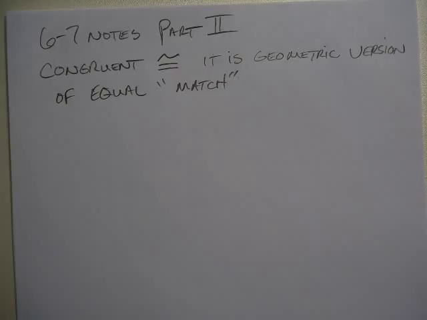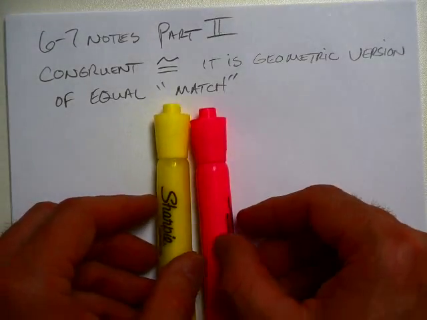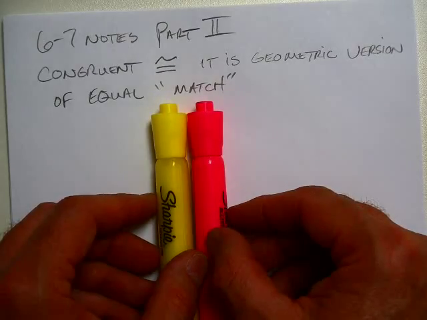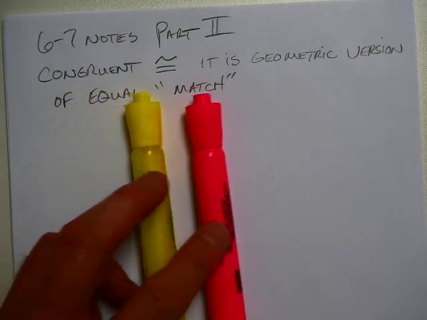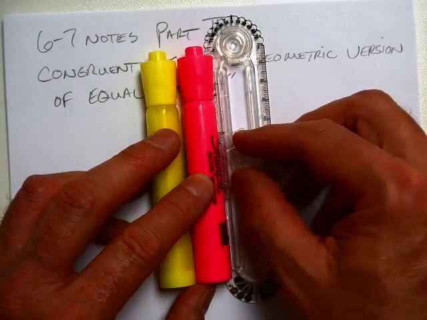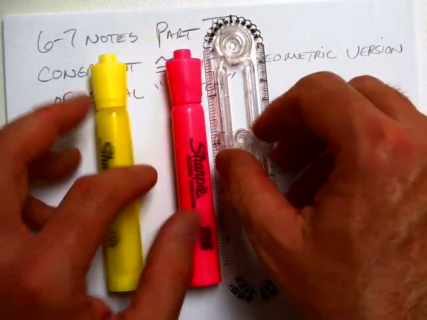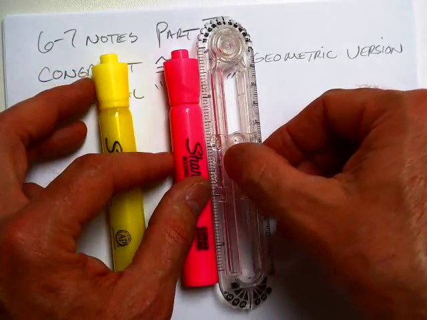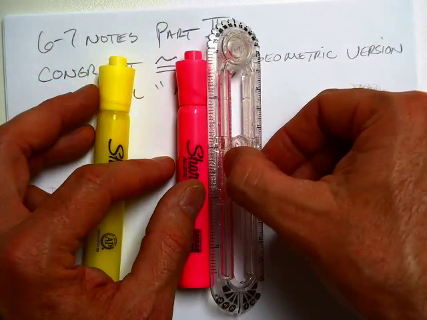So let me give you an idea here. I have two highlighters. I can measure the height of the highlighters with a measuring tool, and I can say that this highlighter is, I don't know, 4.5 inches.